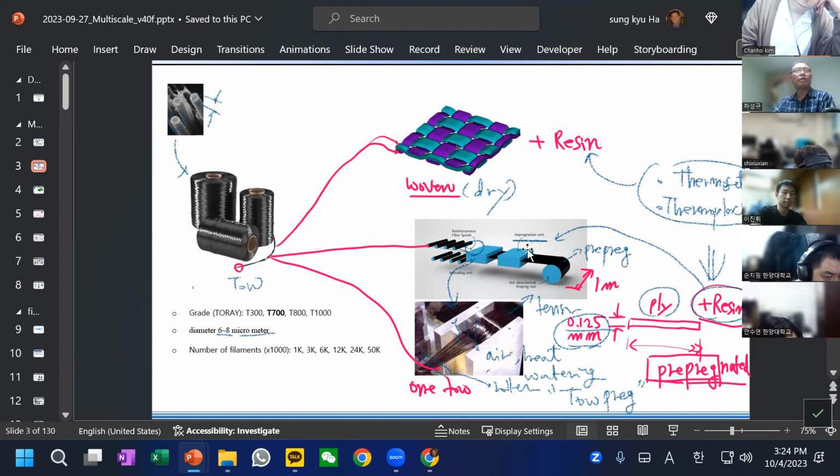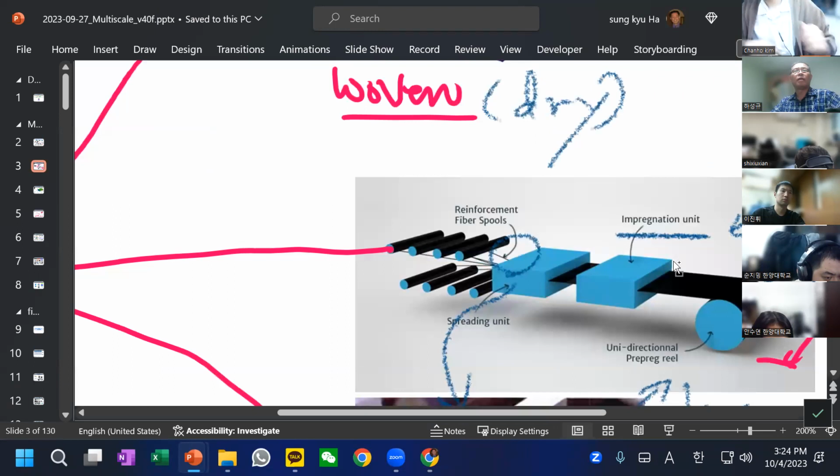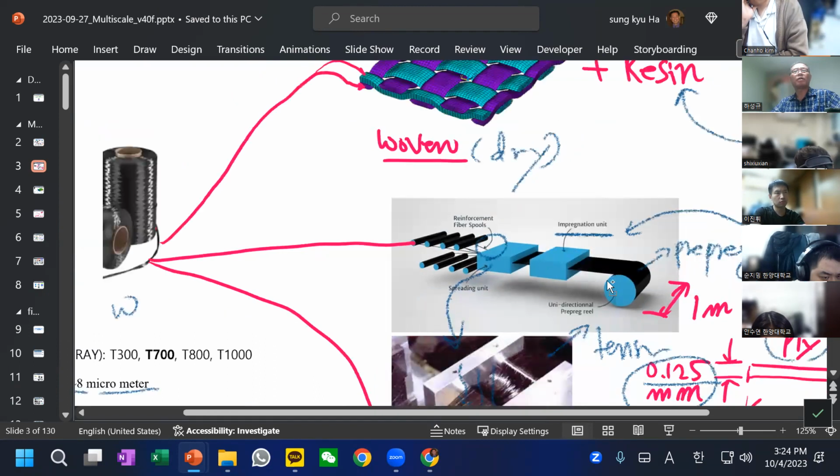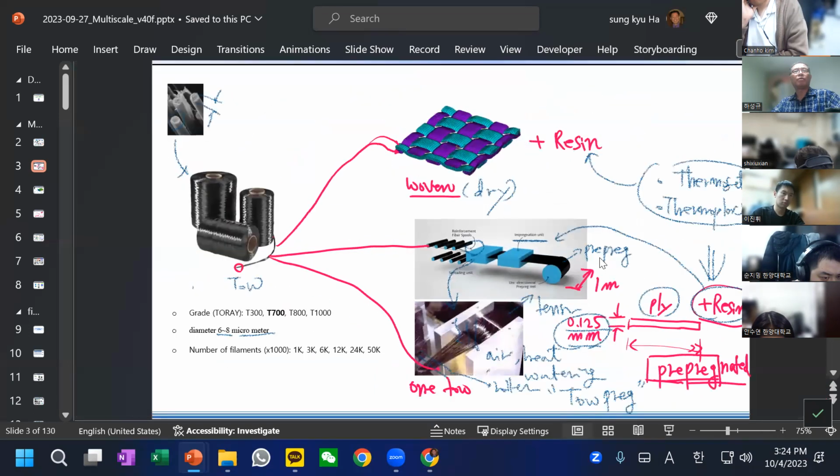And then in between, a very important process is called resin impregnation. The resin will be melted and then impregnated into the dry fabric. We can have a prepreg, but this resin can be thermoplastic or thermoset. The process will be quite different, but conceptually they can be very similar.